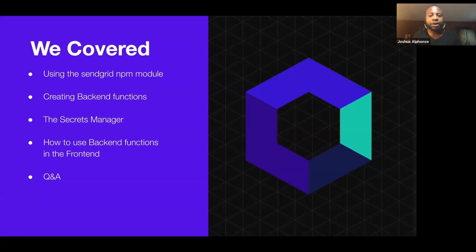We created backend functions so that we can connect to the API with NPM modules. And then on top of that, we also sent this message to our user. We were able to hide our API key and securely put it inside of our dashboard using the secrets manager. And then we also used backend functions and imported them to the front end so we can actually work with those from a visual aspect.